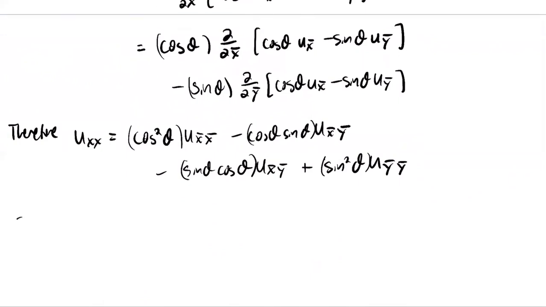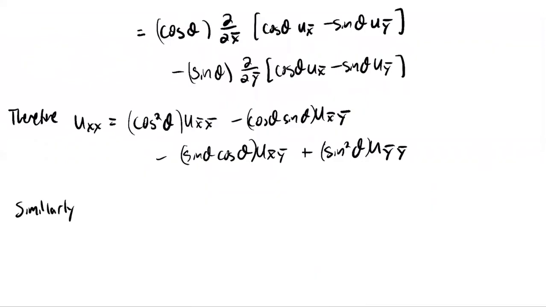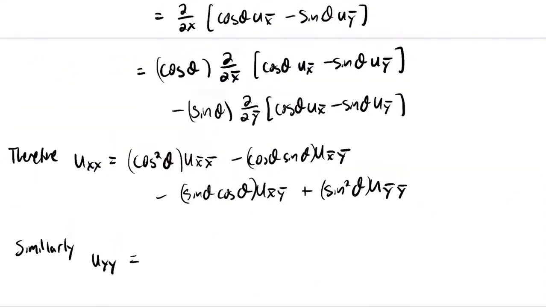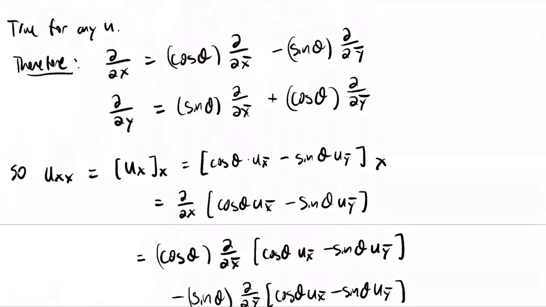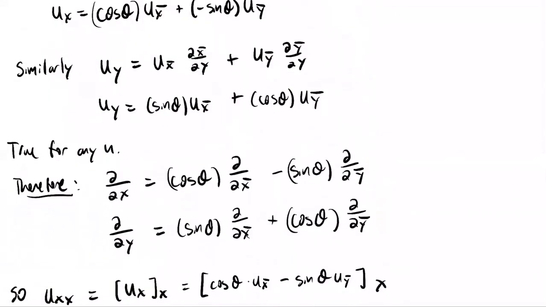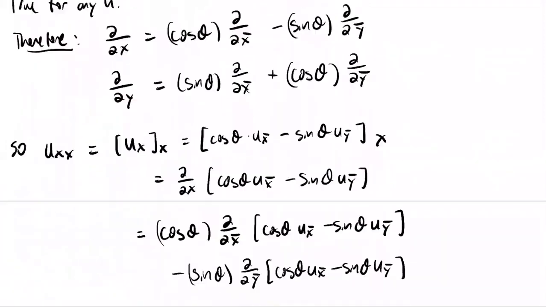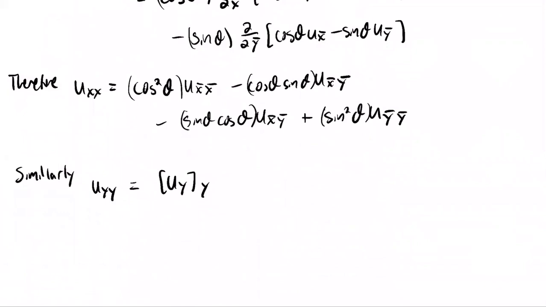Similarly, we can calculate the second derivative with respect to y. So we have u_yy is equal to, well, we already calculated u_y, so this is just the derivative of u_y with respect to y again. Let's plug in the formula we had for u_y, which was up here: sine theta u_x bar plus cosine theta u_y bar.